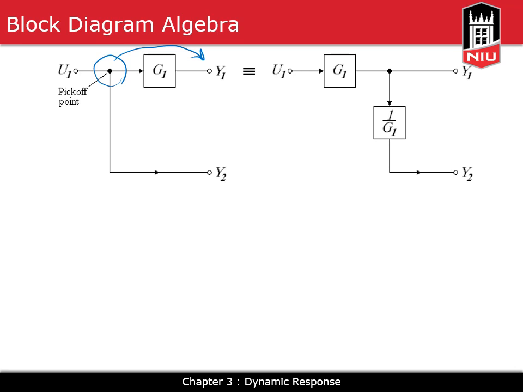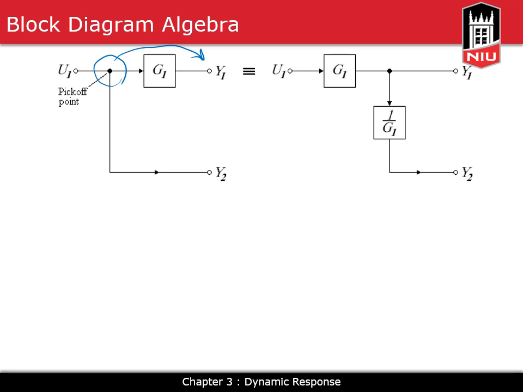So let's take a look at the signals here, U1, Y1, and Y2. U1 is the input signal coming from the left. Moving that pickoff point will not affect that. So I have to be careful about Y1 and Y2. Not so much about Y1 because the pickoff point is not affecting the signal. It is just picking up that signal, using it somewhere else. So whether I have that pickoff point before G1 or after G1 is not going to affect Y1.